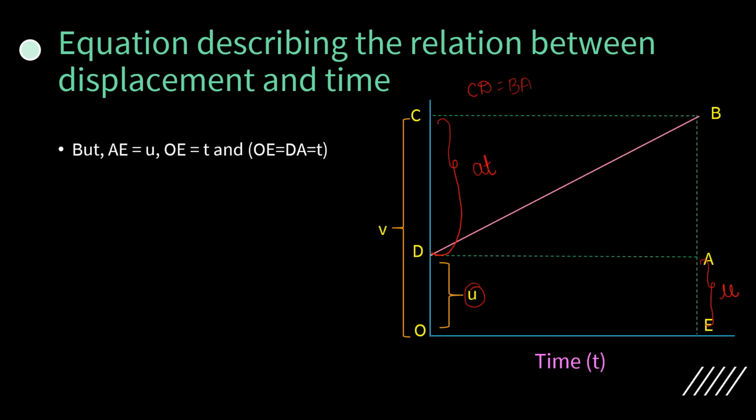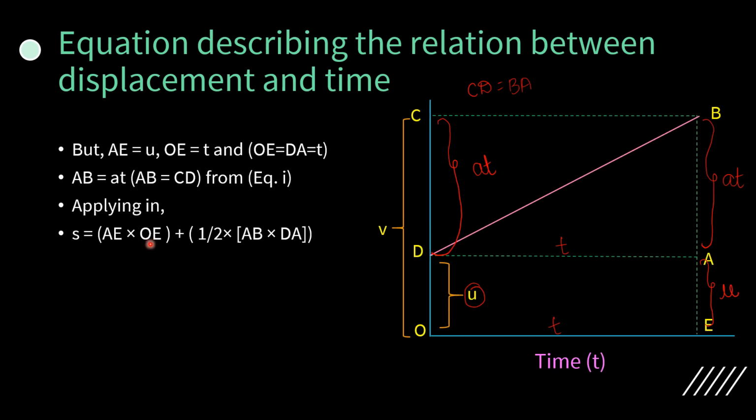So the value of BA is also equal to AT. And we know that OE is nothing but the time T. It is the same for AD also, which is T. So for calculating the area, children, we have the value of all the sides. Let us apply it. AB is equal to AT, which we know is equal to CD. Both of them have the same value.